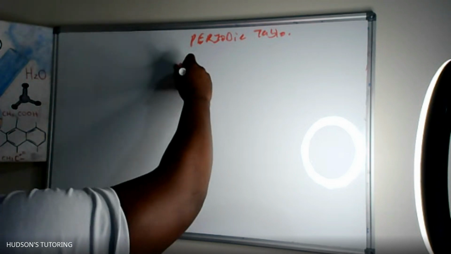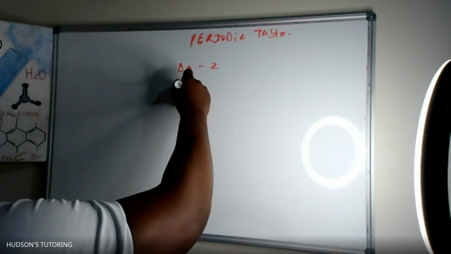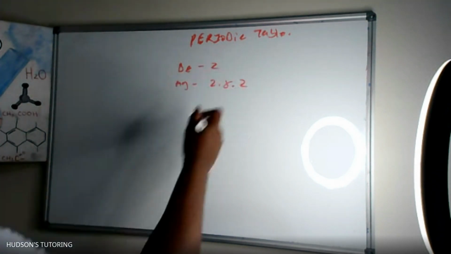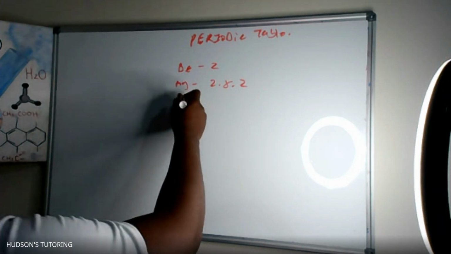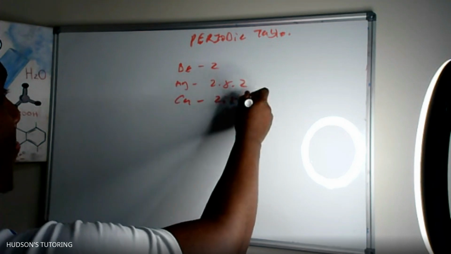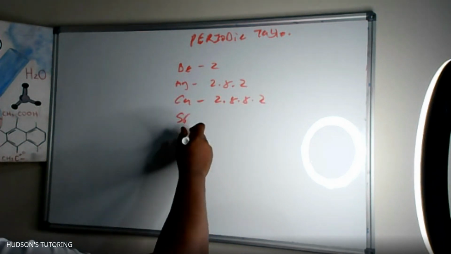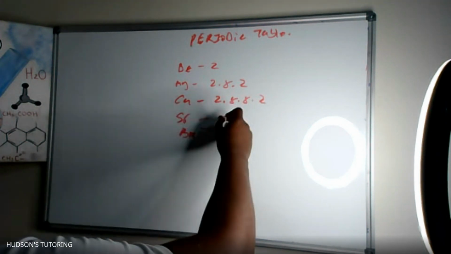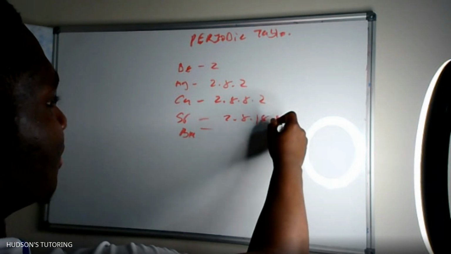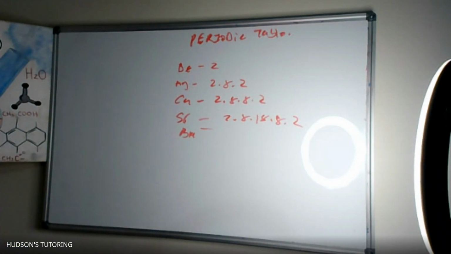Magnesium is 2, 8, 2; calcium is 2, 8, 8, 2; strontium is 2, 8, 18, 8, 2; and barium is 2, 8, 18, 18, 8, 2.